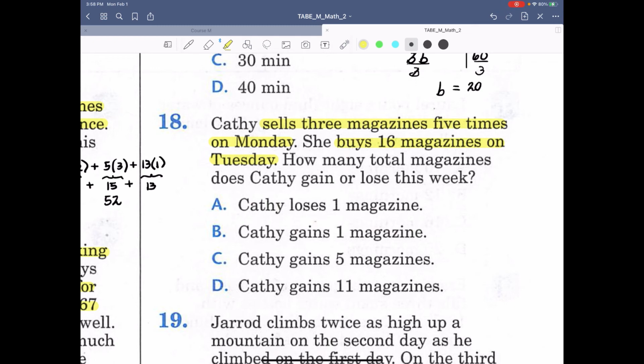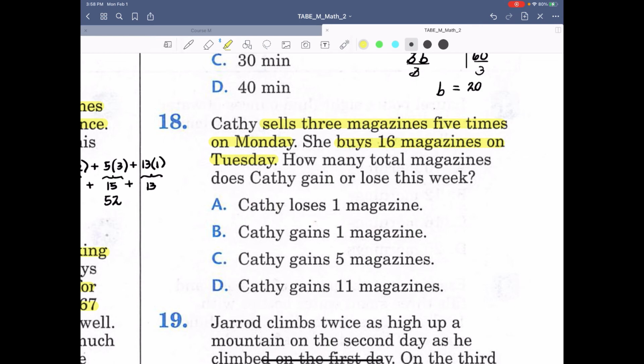So I want you to imagine that you are at Kathy's house. And in her house, there are magazines sitting everywhere. My dad did this once. He bought all these hundreds of National Geographics. They were sitting everywhere in our house. So that's like Kathy's house. There are magazines everywhere.